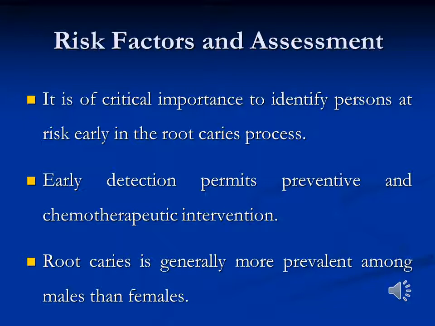So it is of critical importance to identify persons at risk early in the root caries process. Early detection permits preventing this lesion from progressing and causing more destruction on the root surface or on the tooth, and allows chemotherapeutic intervention, which means prescribing mouth rinses for this patient in order to decrease the amount of bacteria and decrease the incidence of root caries formation.